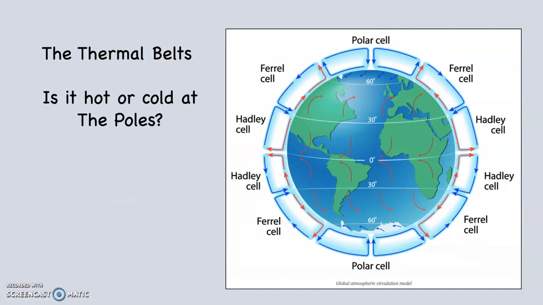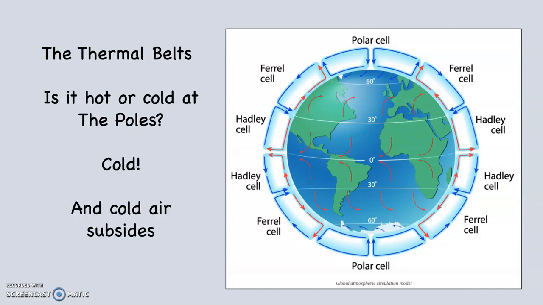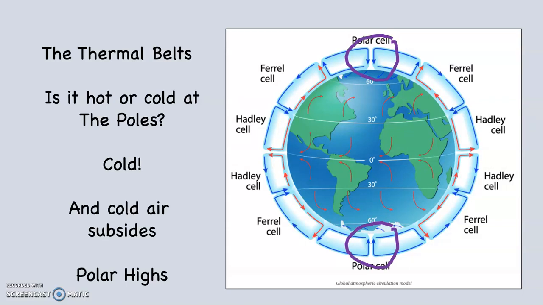What about the poles? At the north and south poles, is it hot or is it cold? Cold. And what does cold air do? Cold air subsides. What kind of pressure system is cold, subsiding, that's the key word, air going to create? The answer is high pressure. And indeed, this is how the polar highs are created.